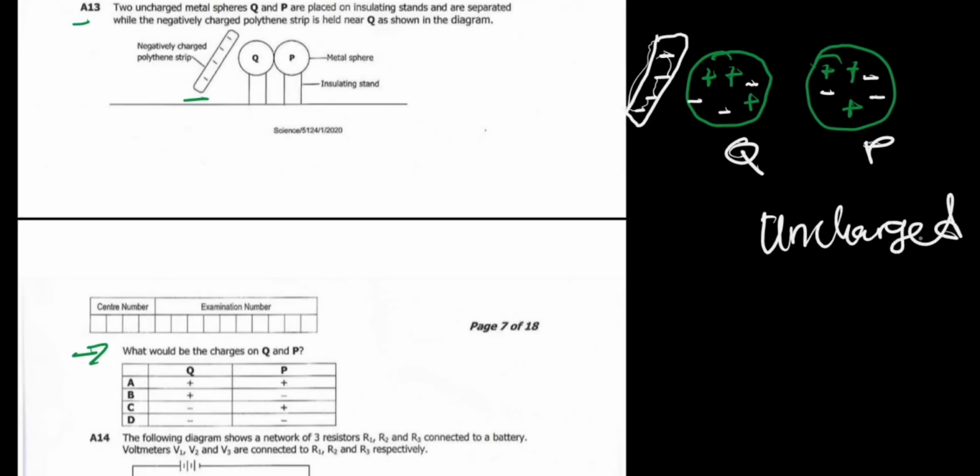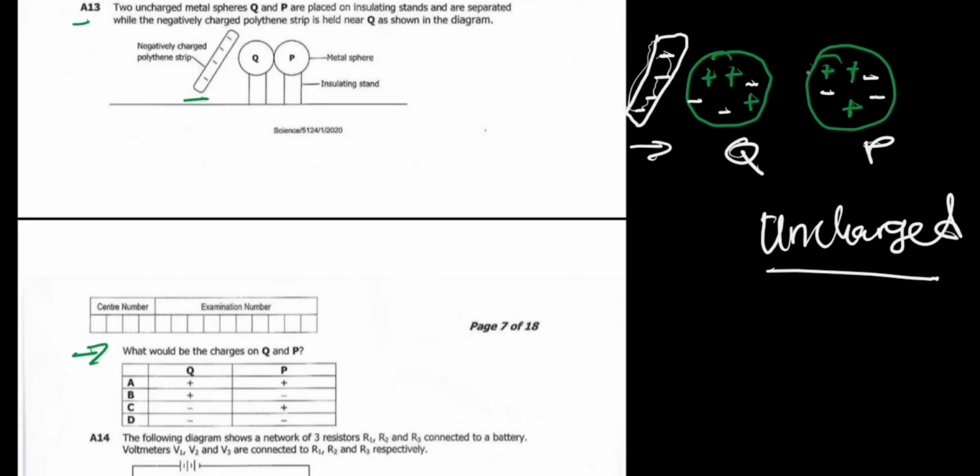By that we mean that the number of positive charges and negative charges is equal in each sphere, and therefore they cancel each other. So they are uncharged, in other words, they are neutral. So when you bring this nearby, this negatively charged strip is going to repel the electrons, or negatively charged particles, in sphere Q.